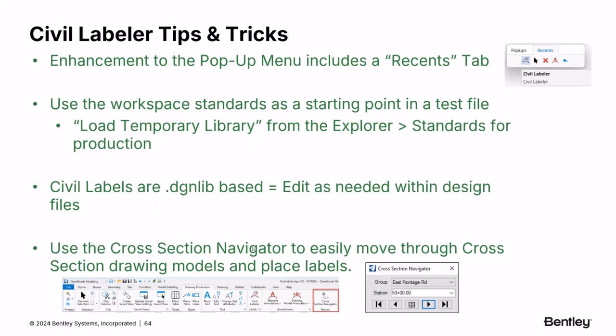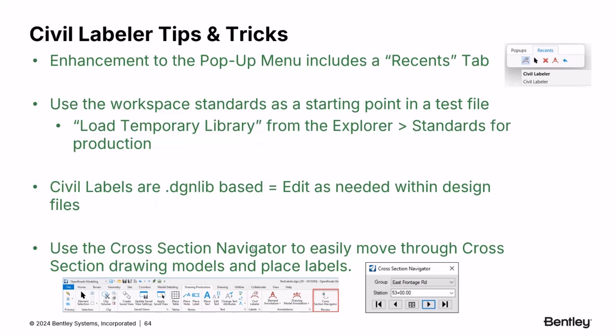So the space bar has been enhanced to include a recents tab, and it also includes not just MicroStation drafting tools, but under the recents tab, notice it populates Civil Labeler. So some of those civil design tools and plans production tools even. So rather than having to move your cursor back up to the ribbon to kick off the tool every time you close out of it, you can use the space bar in the pop-up menu under the recents tab, right?